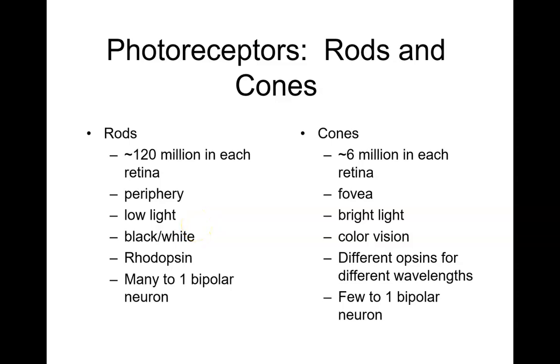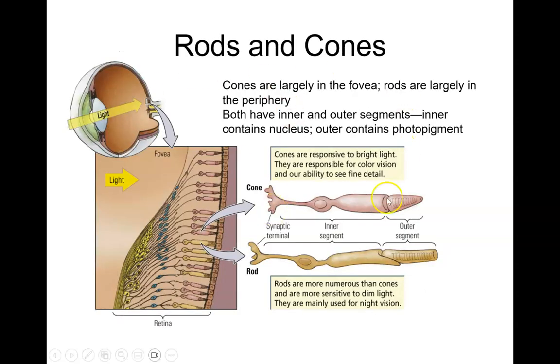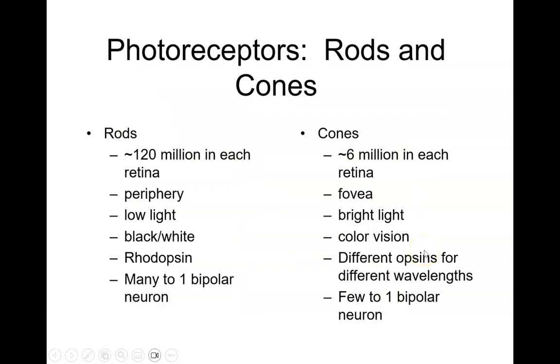Now, one of the things that I mentioned is that the outer segment contains a photopigment, which is also referred to as an opsin. Now, for rods, all rods carry the same type of photopigment or opsin. It is called rhodopsin, or literally translated, the opsin for rods. So the photopigment for rods is rhodopsin.